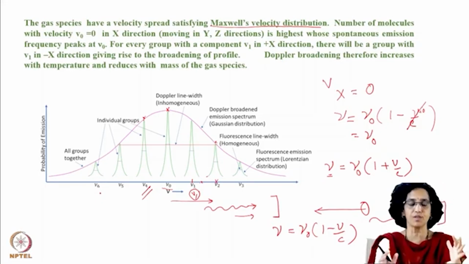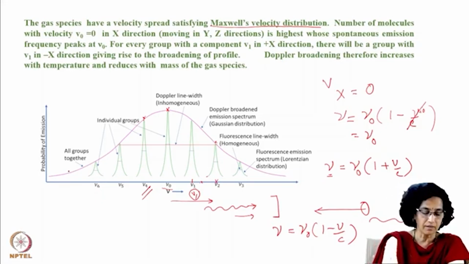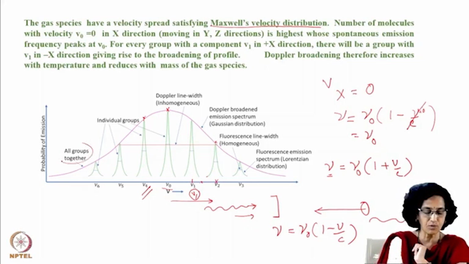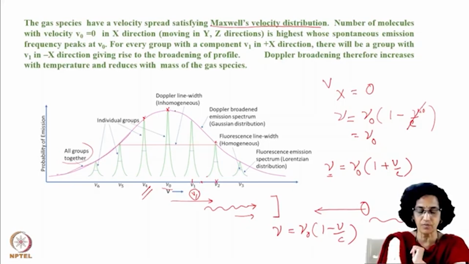The total fluorescence width will be an envelope which covers all the individual probabilities. As we have shown here, all groups together will have this kind of fluorescence width.